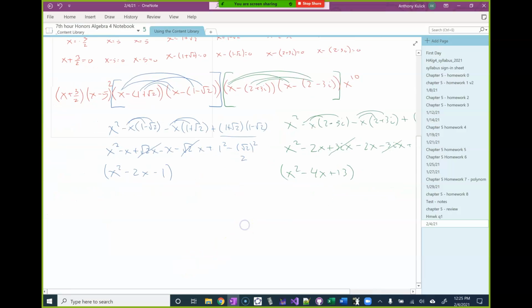Now let's re-aggregate what we have. So now we have this, right? We still don't have integer coefficients, though. What's the issue?